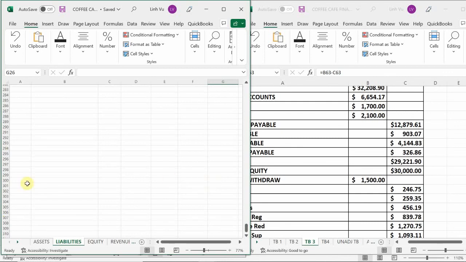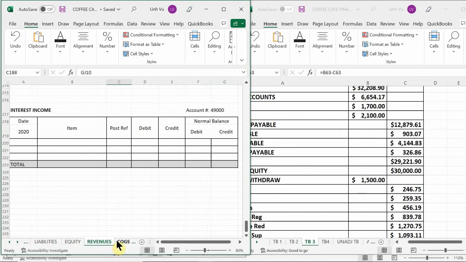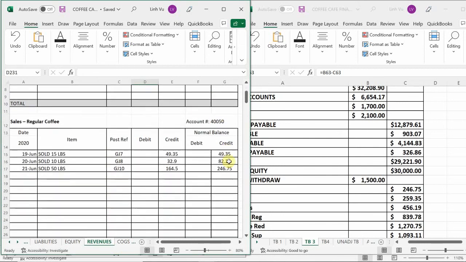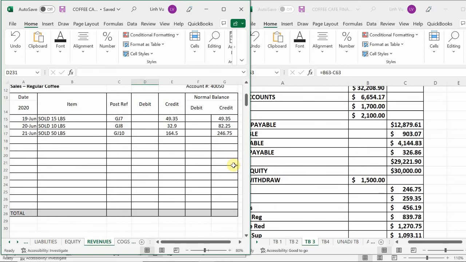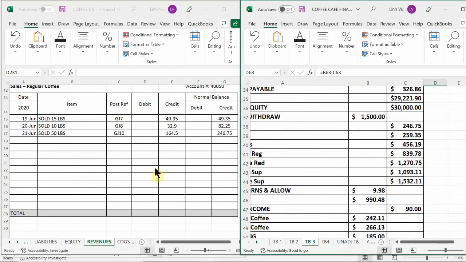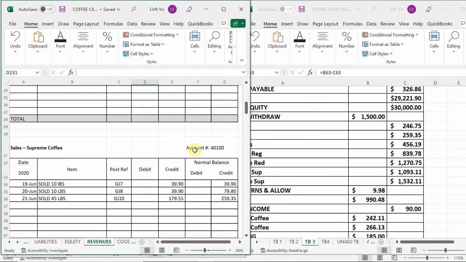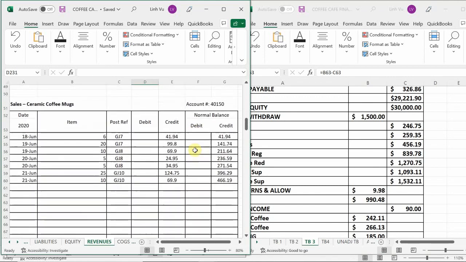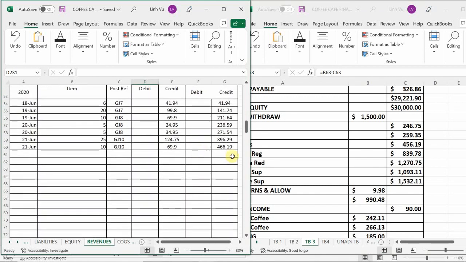So let's check my sales. Maybe I fat fingered something in sales. Starting with my regular coffee sales, 246.75. Okay, so that's correct. Next is Supreme, 259.35. So that's correct. And then my ceramic coffee mugs, 466.19.